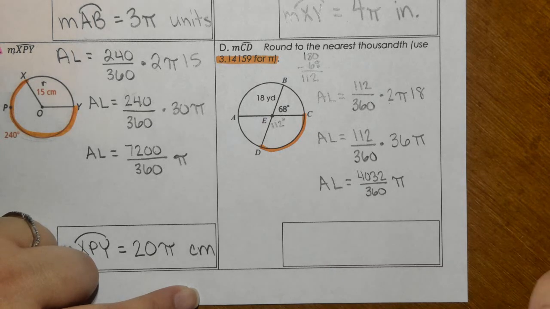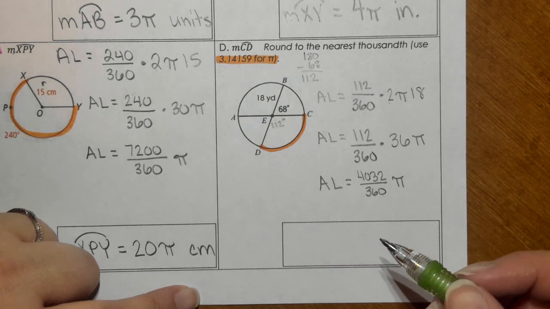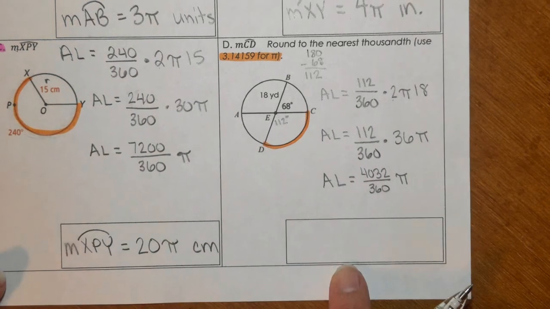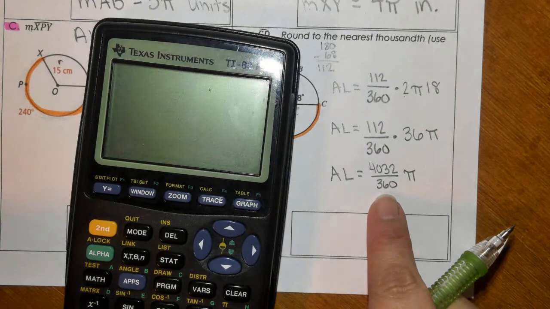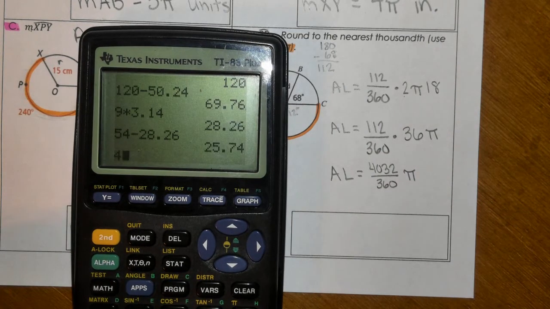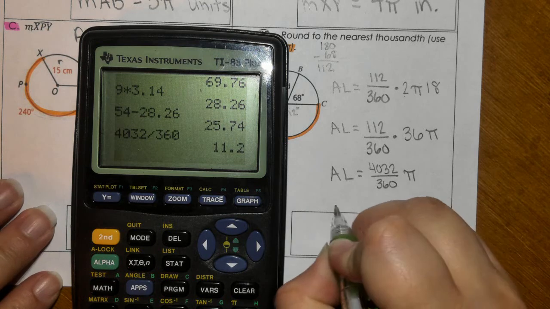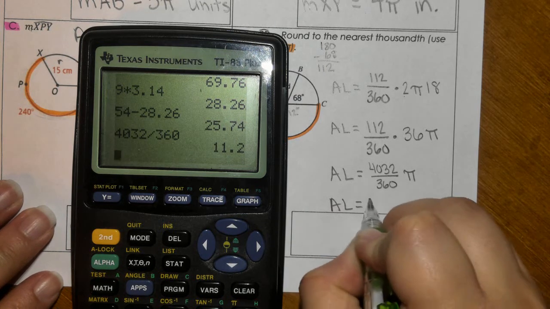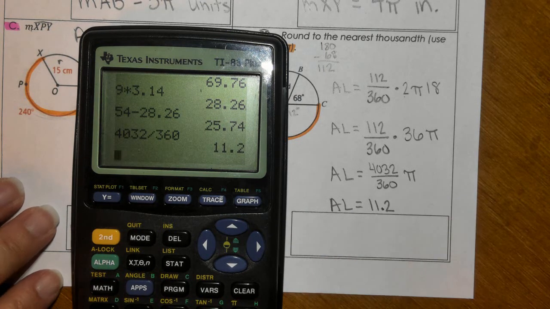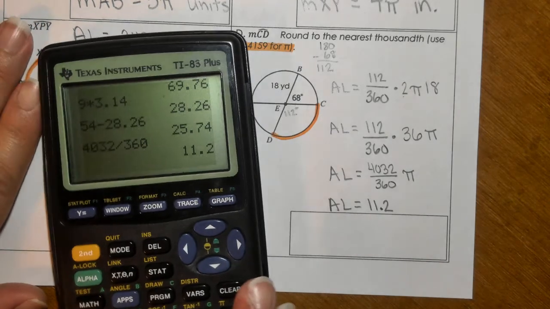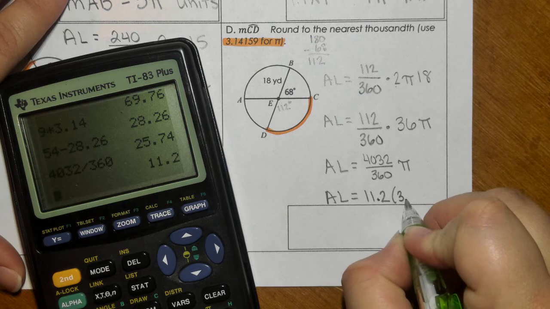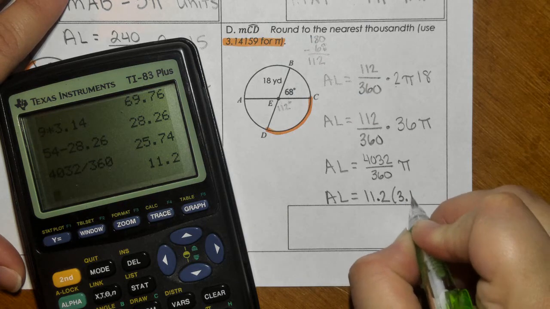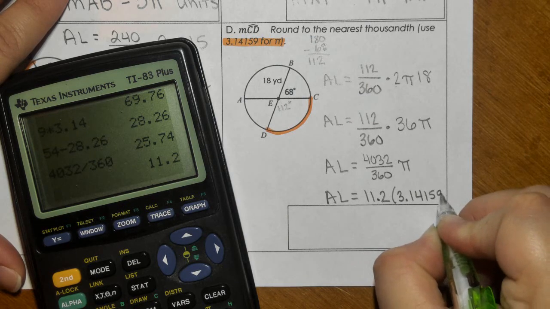Now, if I were you, I would divide this first. So 4032 divided by 360 gives me 11.2. It also told us to use that for pi up there. So instead of writing pi, I'm going to write 3.14159.